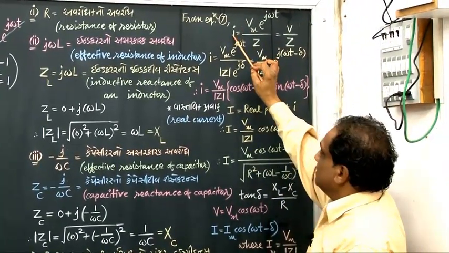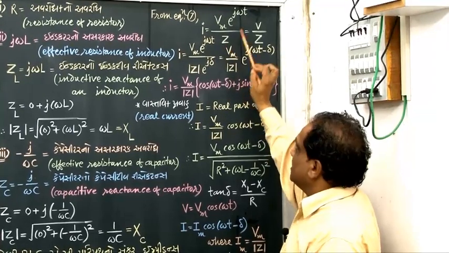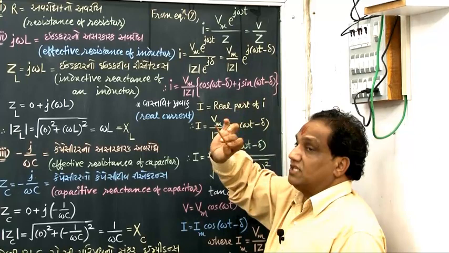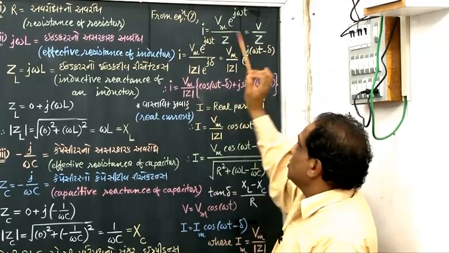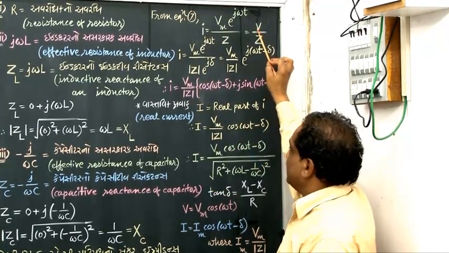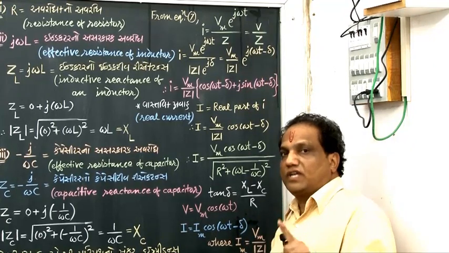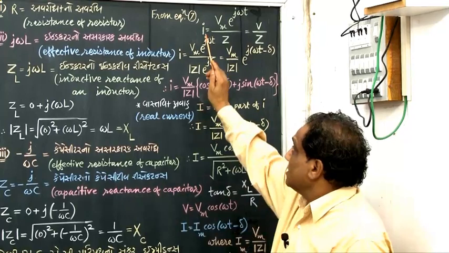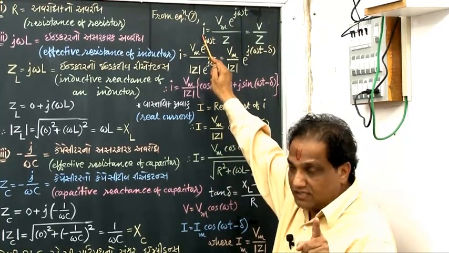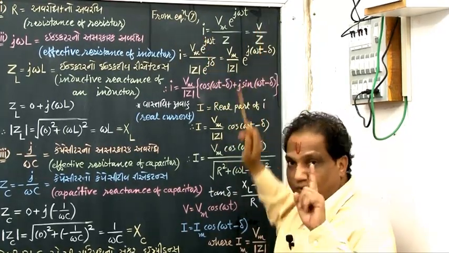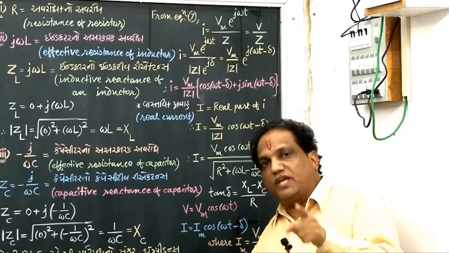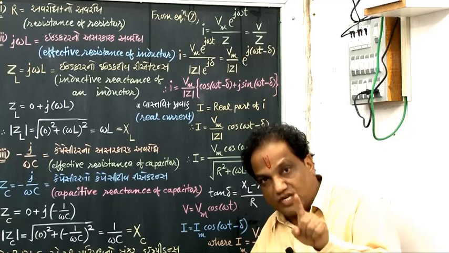When this is current, this is some sort of resistance, this has to be voltage, but mind well, it is complex voltage shown by the symbol small v. Normally all the complex quantities are to be shown by small letters. Here small i means complex current, small v means complex voltage, but actually, according to me, complex impedance should be shown by the symbol small z only.